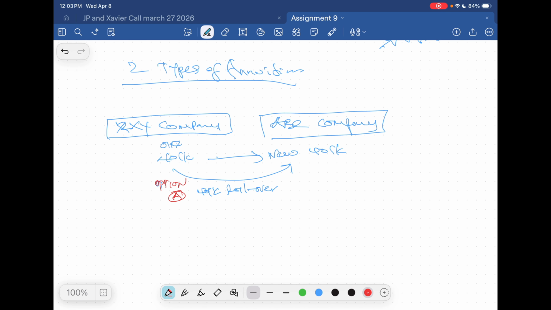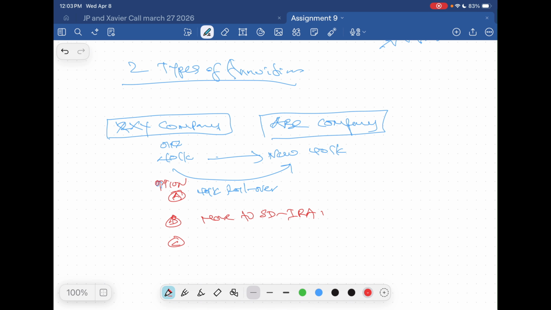Option B is moving this money into a self-directed IRA.